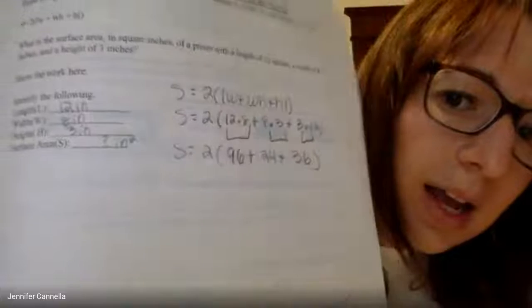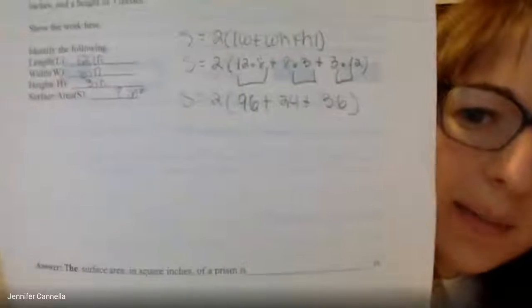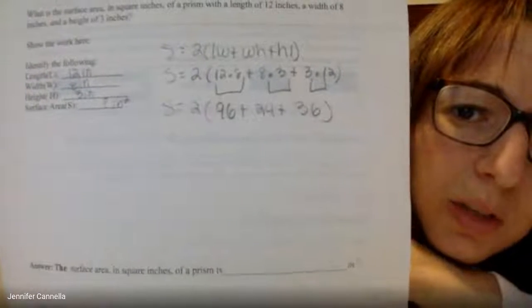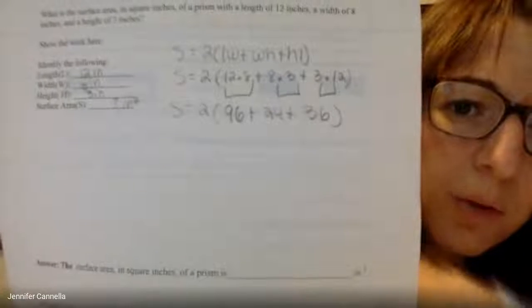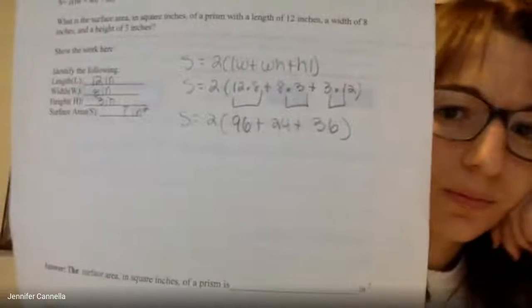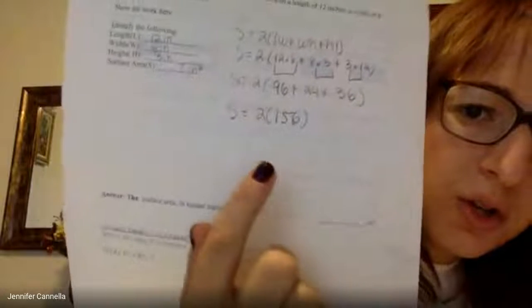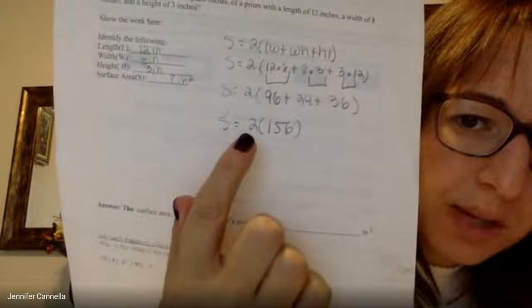Now, this is what you got, right? Can somebody tell me the sum of the parentheses? I need to know what 96 plus 24 plus 36 is. The sum is 156. Okay, so I'm going to write S equals 2 times 156. Very important: make sure you take that answer and multiply by 2.